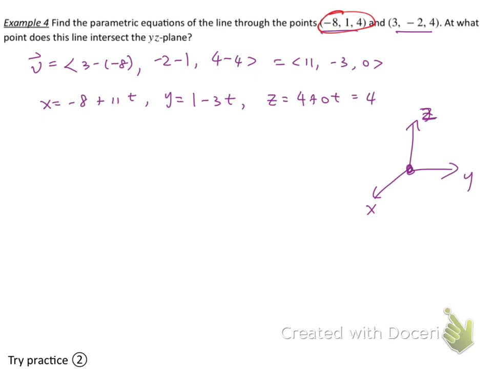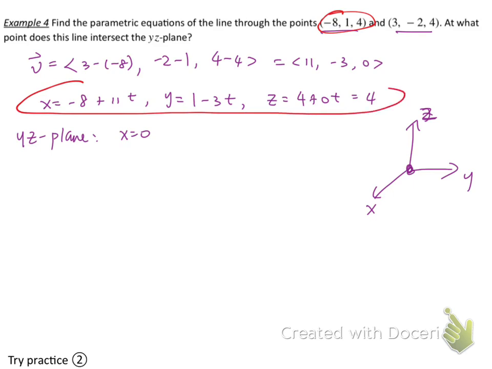So x equals 0. Y and z could be anything, but x equals 0. Now you have a line with all these three equations satisfied, and meanwhile you want it to be on the YZ plane, so x equals 0.